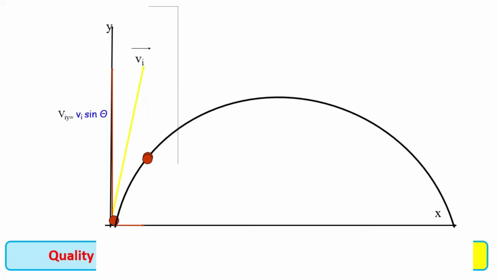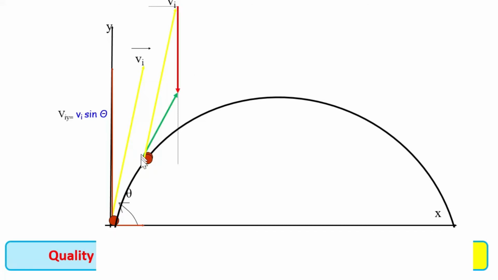So if the velocity is Vi at the starting time with an angle of theta, then the body has two components, Vi cos of theta and Vi sine of theta at the starting time.